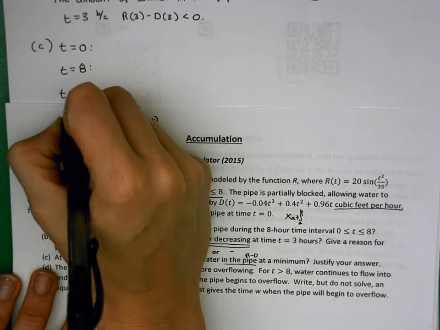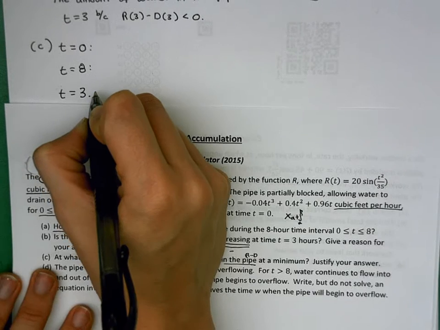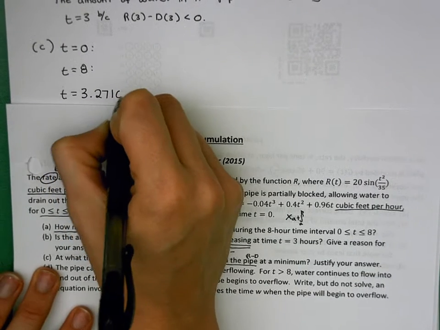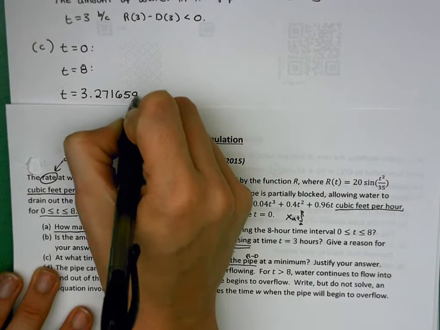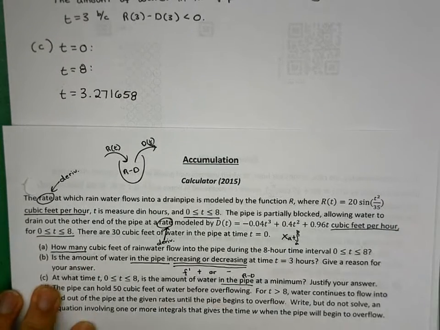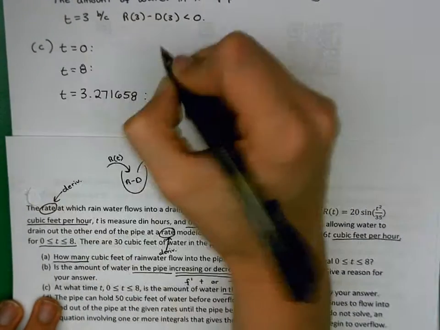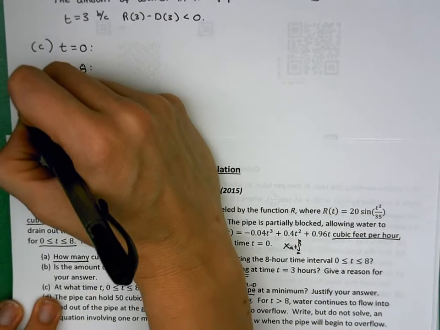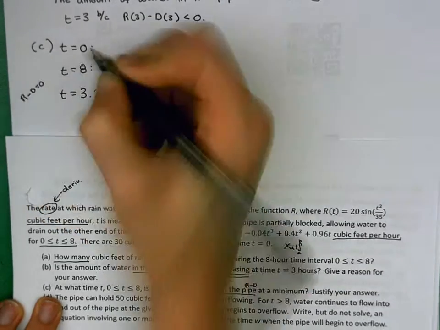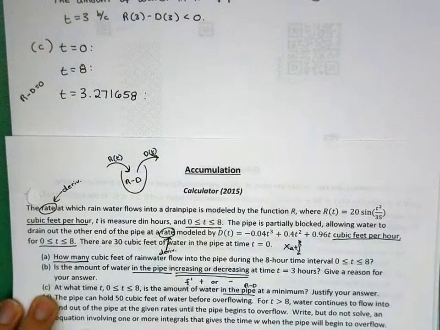Well, that second 0 there, because we've already taken into consideration t equals 0, the other one is at 3.27165 or 66, whichever one you prefer. And again, we found this value by considering where our R minus our D equals 0. And then our endpoints, of course.